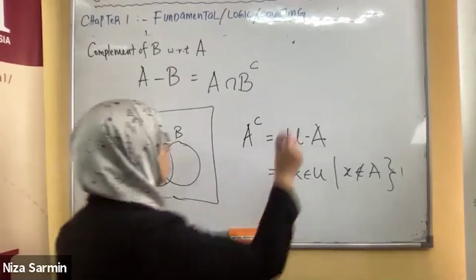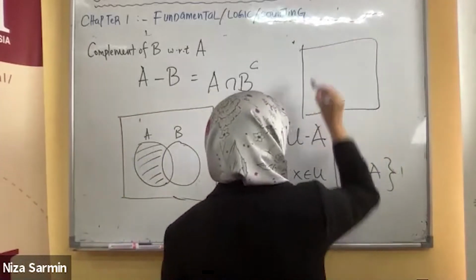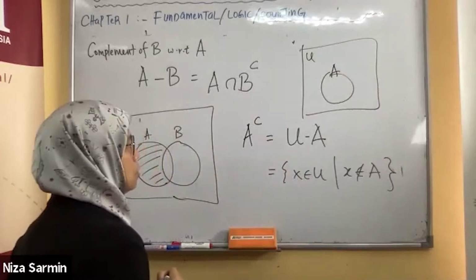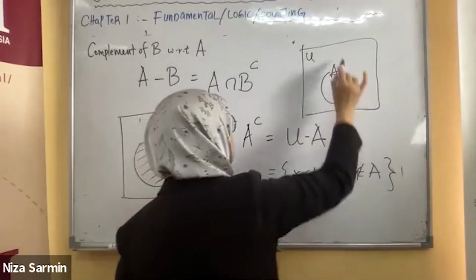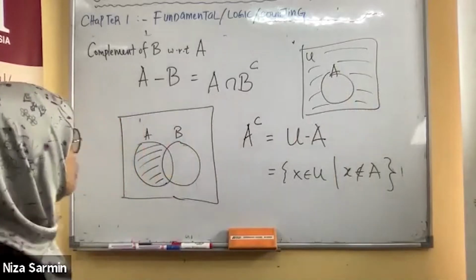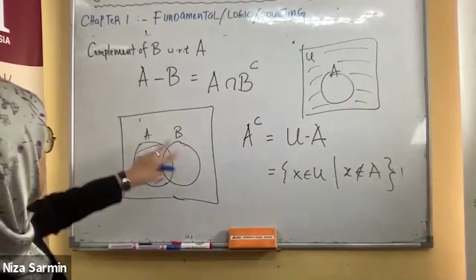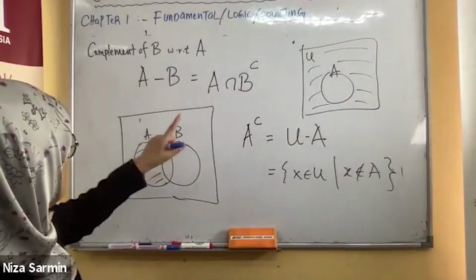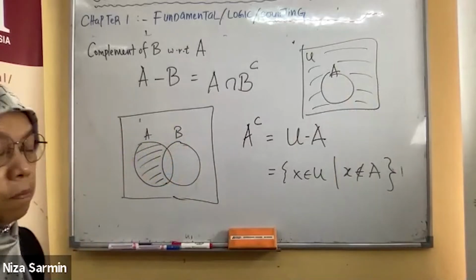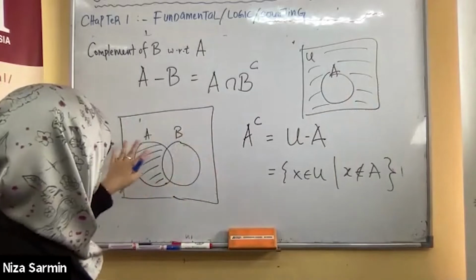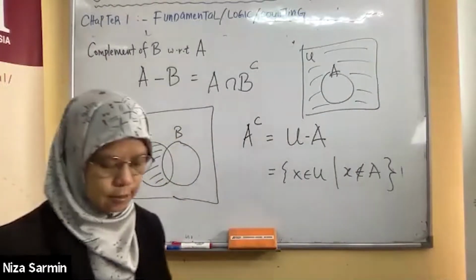So if you just have A, A complement is all this U without the A. It's outside A. Right? So if you have A minus B, A minus the B, or A intersect with B complement. B complement is all of this, but you intersect with A, so you get this. Okay.